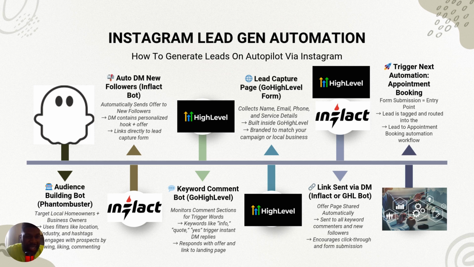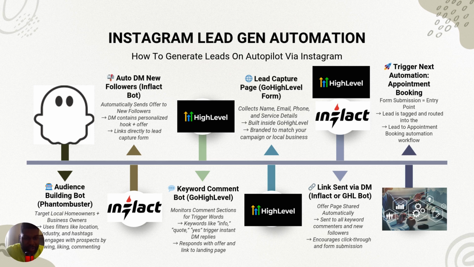You can automate a DM that goes directly to that potential client. And by automating that DM to go out to them, it allows you to capture their information and ultimately get it off Instagram and into your CRM, where that's the audience that you own, as opposed to just building followers on Instagram. You get me?